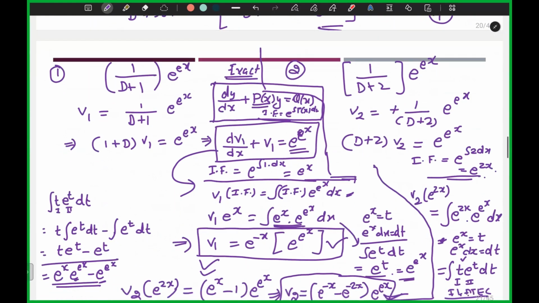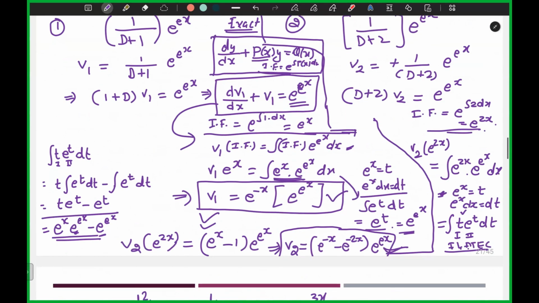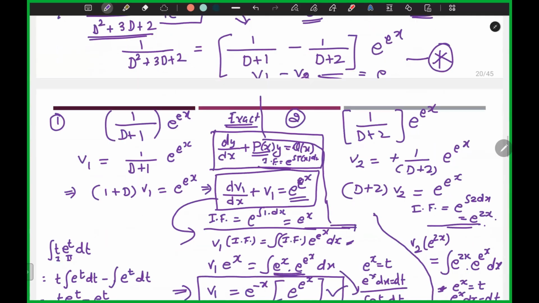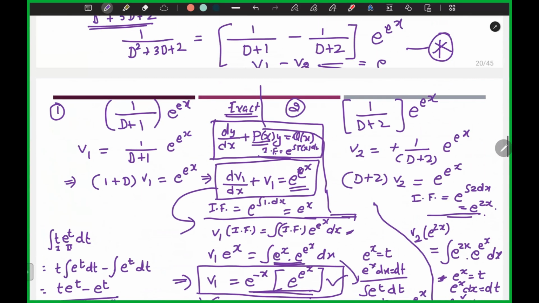So I think you have to do V1 minus V2, right? So this term got cancelled by this one, and only this term will be left in positive sign. Here, this is the V1 minus V2 part. Should I write it or can I skip? I think you got the concept.